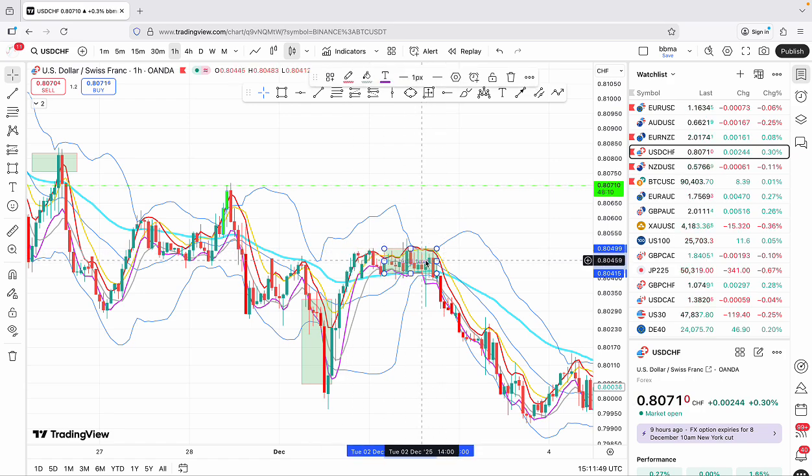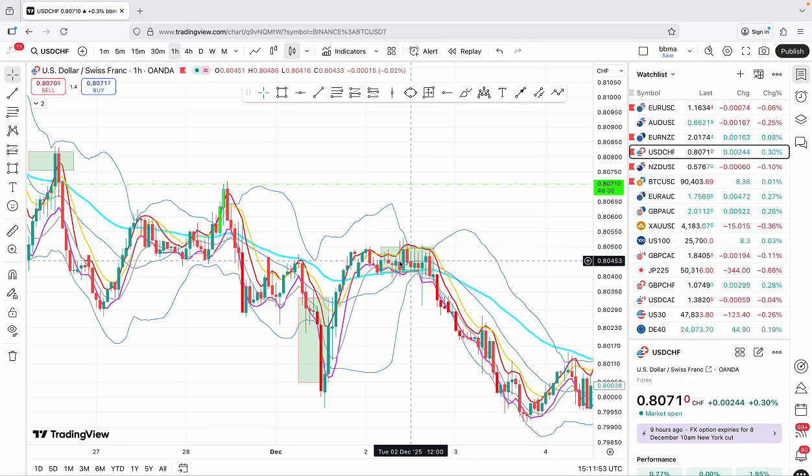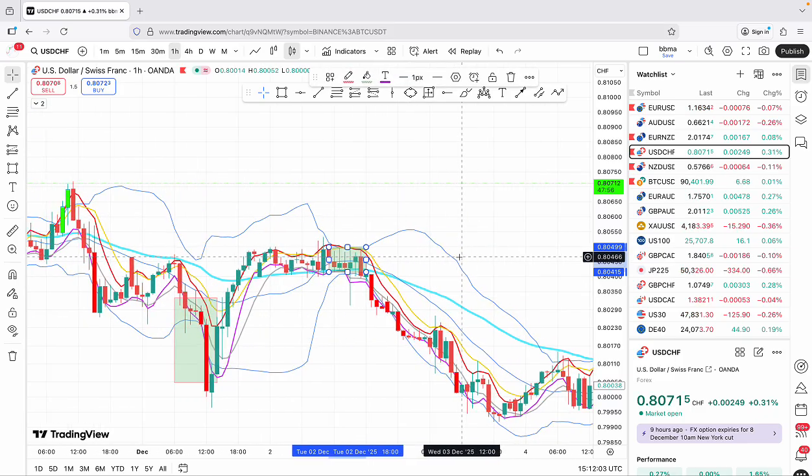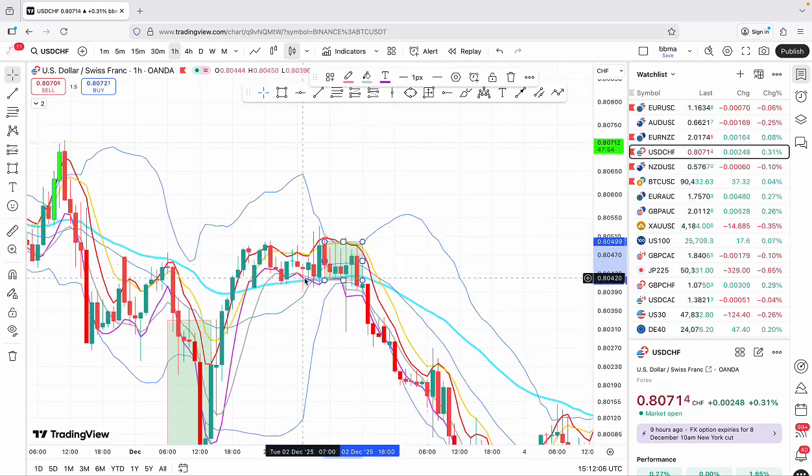When it rejects from top BB, it means the trade is valid. You should not switch to time frame 3, which is M15 in this case, unless you see that it rejects top BB or rejects EMA 50. In this case, we have only top BB because EMA 50 was already down below.